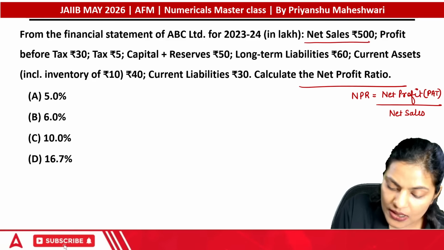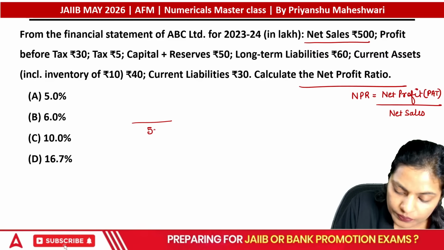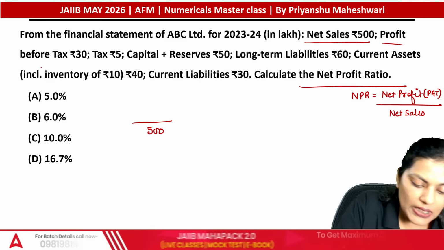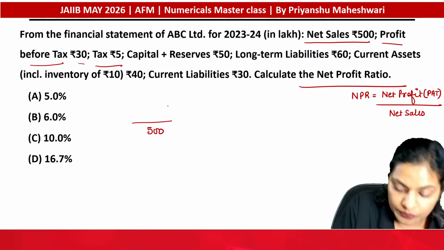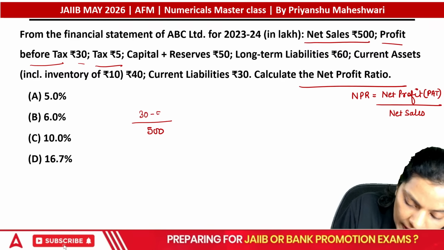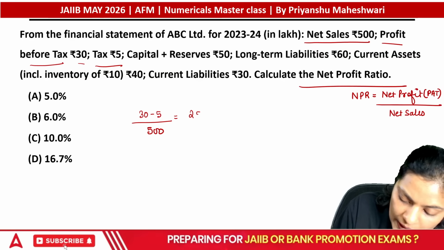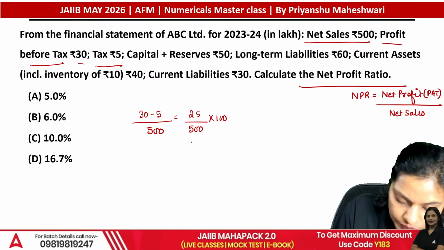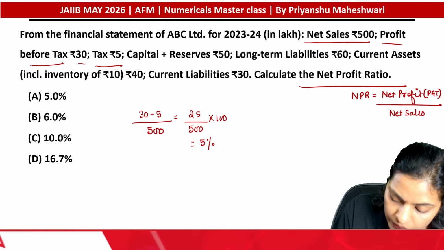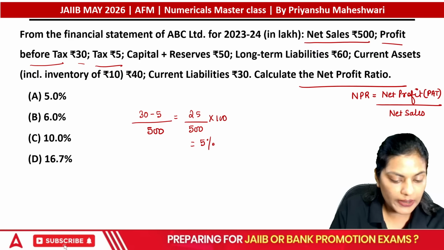So, my net sales is 500. My profit before tax is 30 and my tax is 5. So, 30 minus 5 will give me 25 upon 500 into 100. I think that would be 5%. Correct?